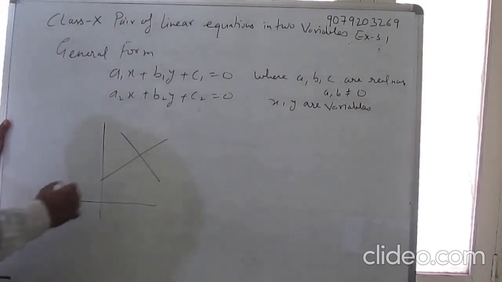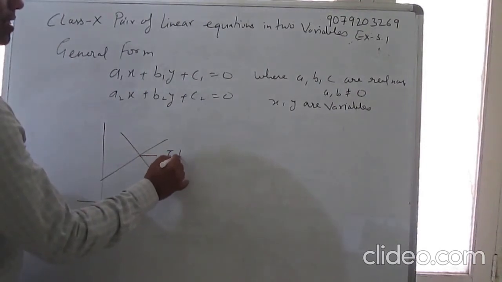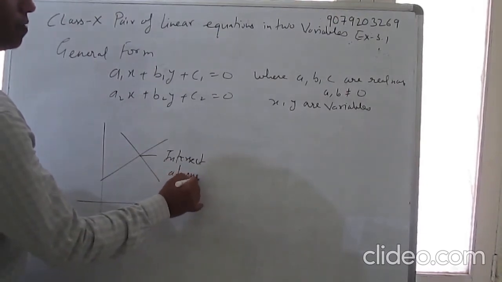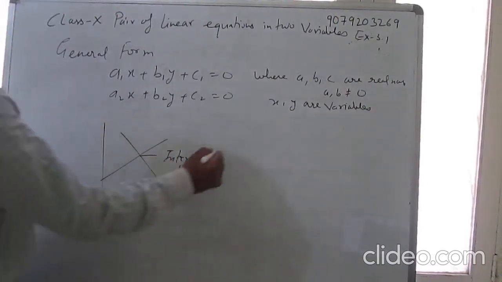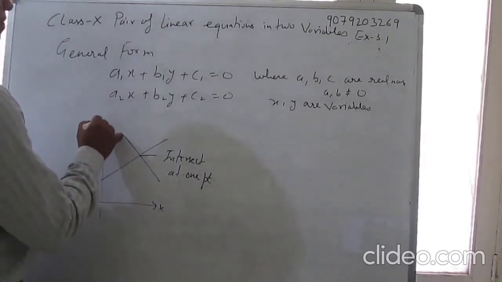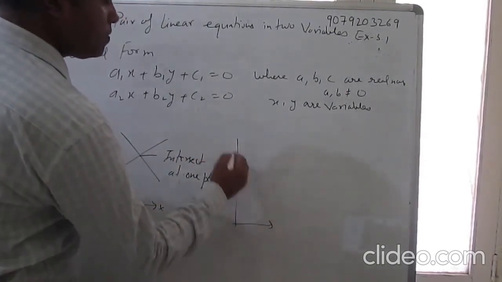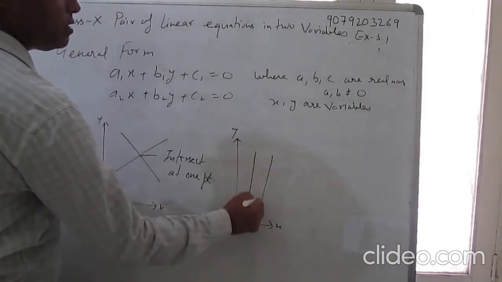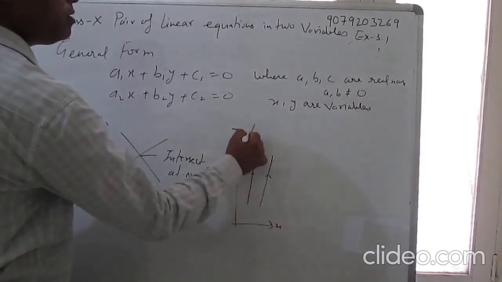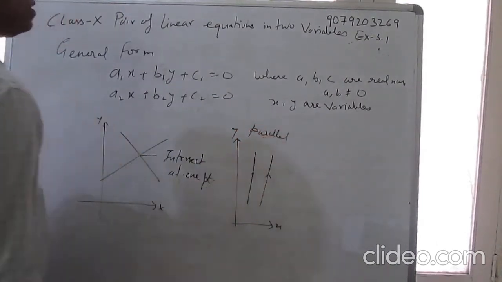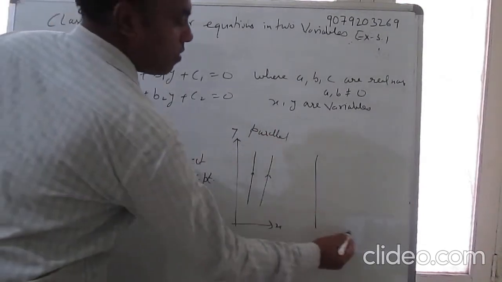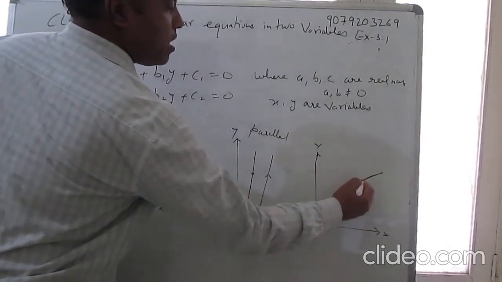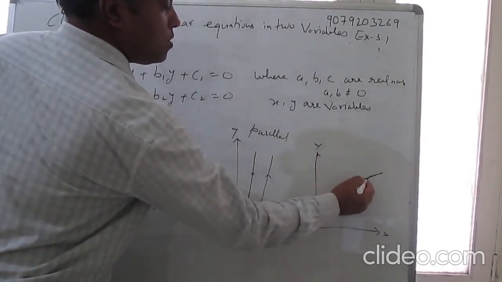Either the two lines intersect at one point, or the lines are parallel, or the third situation is lines are coincident.